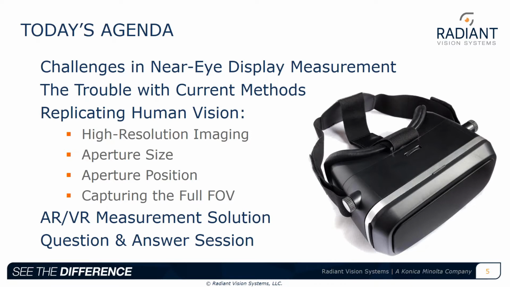We are going to discuss the challenges of measurement of near-to-eye displays, what current methods could be used, and what the challenges of those methods are, and what about human vision is important to replicate: high-resolution imaging, aperture size, aperture position, capturing the full field of view of the devices that are available. We'll talk about the solution that Radiant is introducing, and then we'll have some time for questions and answers from the audience.